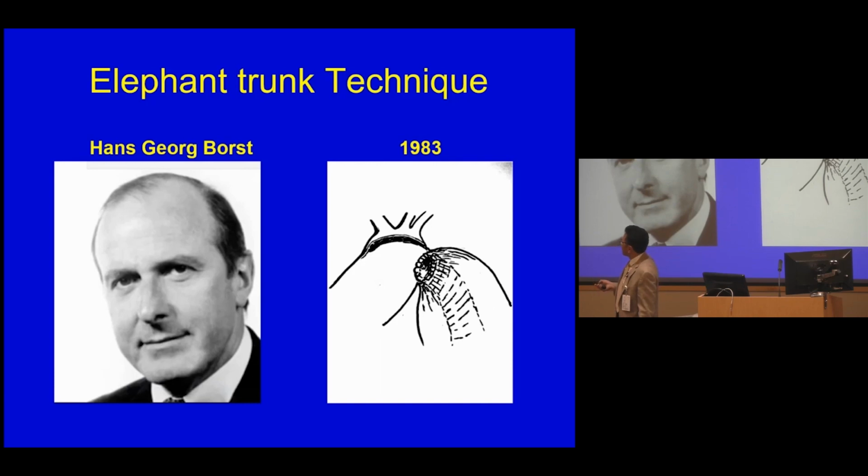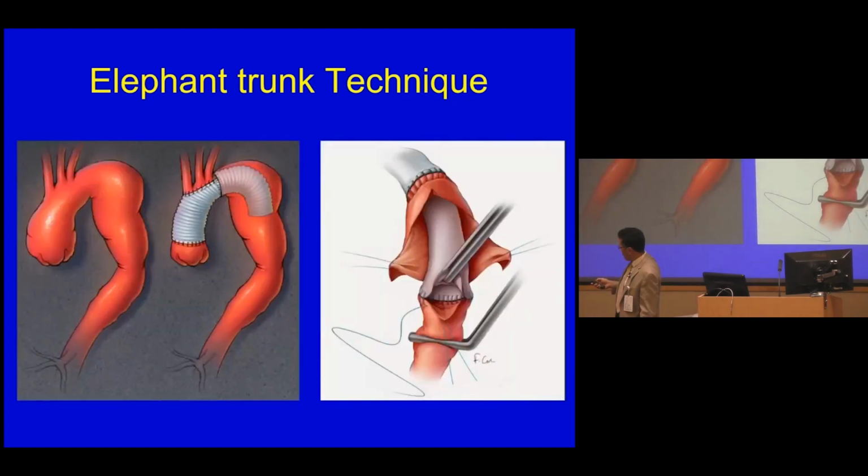opening the aorta, and this is one of his original drawings, and putting a graft into the aneurysm, suturing the graft to aortic tissue here. So that was one anastomosis. He then would suture another graft onto that suture line that had a keyhole to reimplant the supra-aortic trunks.